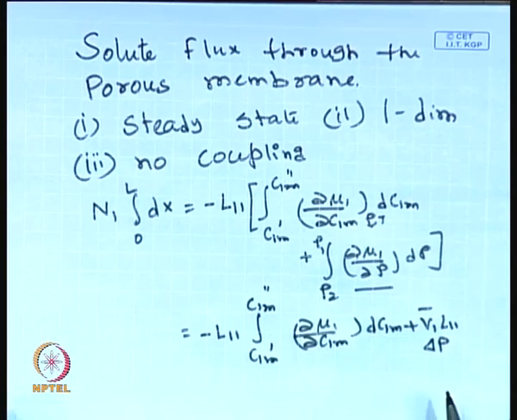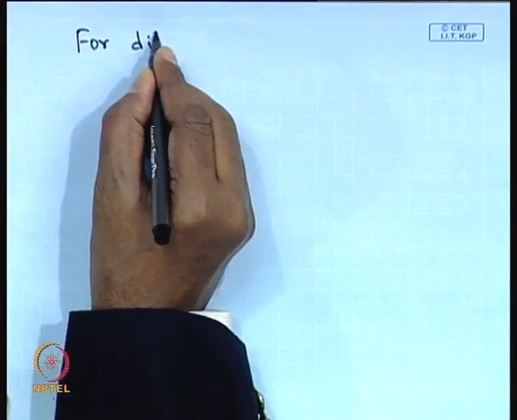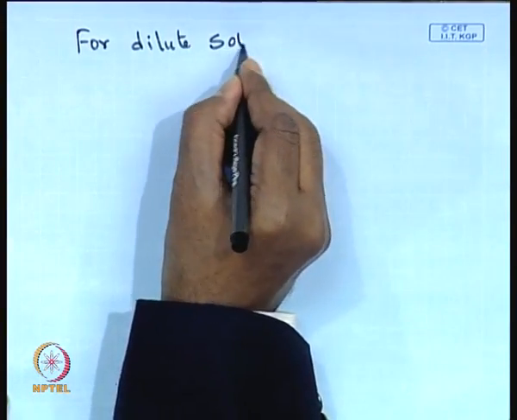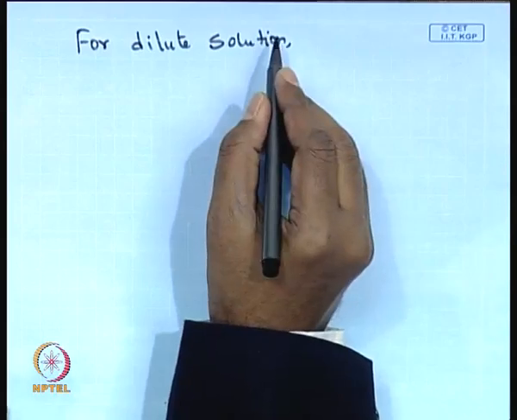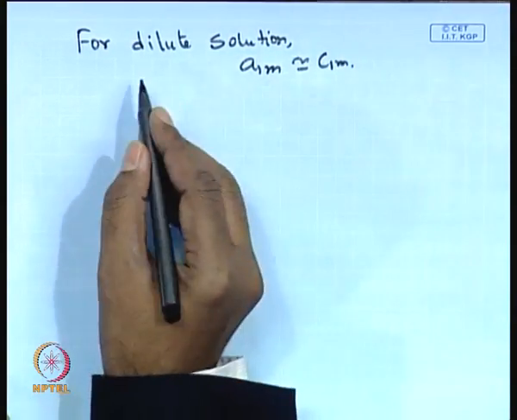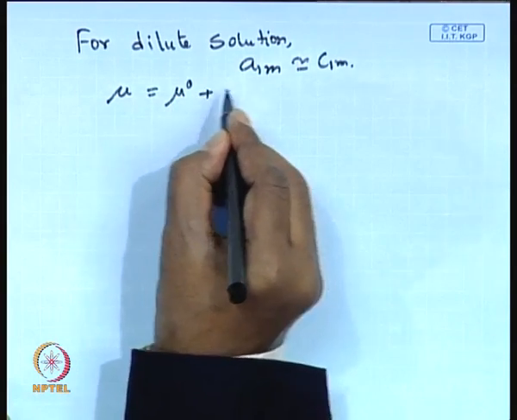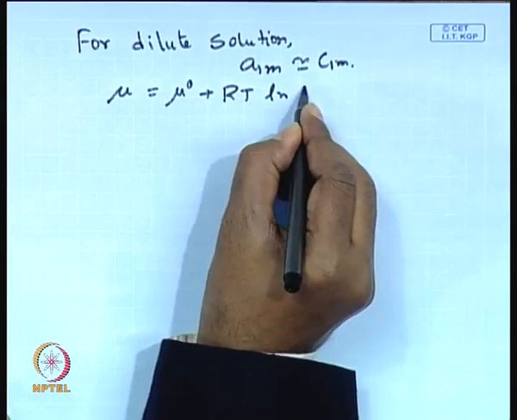Delta P is the pressure drop across the membrane, and for the dilute solution we know the activity will be almost equal to concentration. So, we will be utilizing the concept of dilute solution. For dilute solution, our activity will be almost equal to concentration, and let us look into the expression of chemical potential. Mu is equal to mu naught plus RT ln A1m.